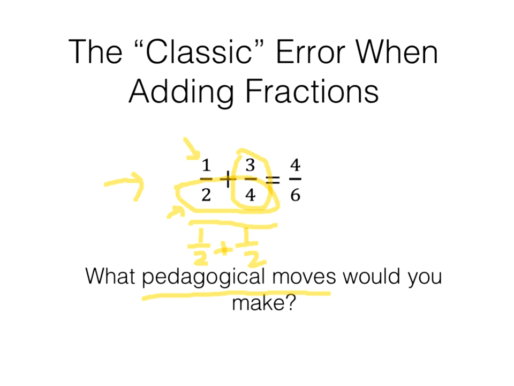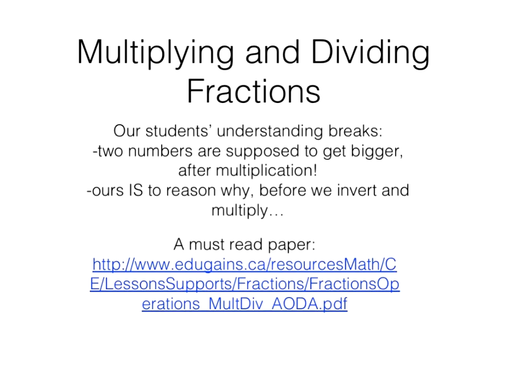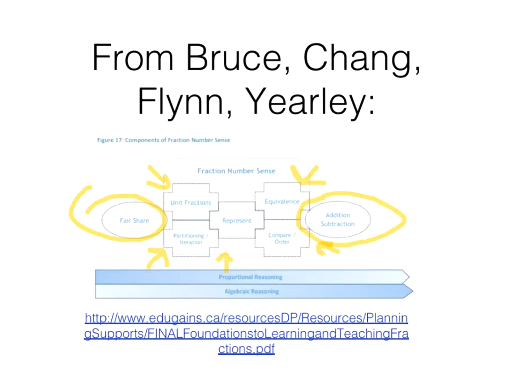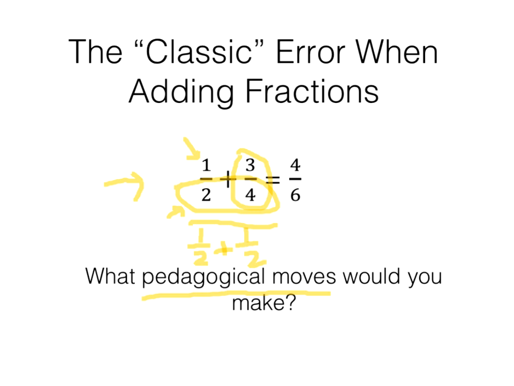And if you read the paper, it's the multiplying and dividing paper. You can find the adding and subtracting paper on the previous link. It's there. And there's some suggestions about what to do. I know a lot about fractions. I love those 2 papers. The authors are still collecting this work.